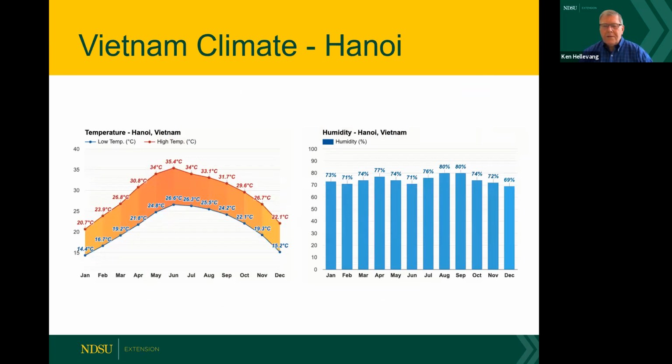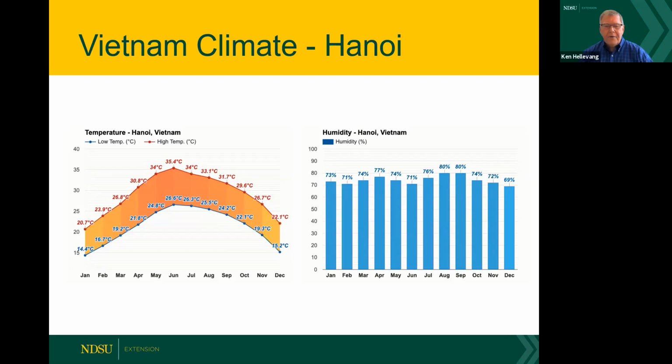This is what was listed for the climate at Hanoi. I'm going to focus first over on the right side of the slide, looking at the humidity. Again, we're in the 70 to 80% relative humidity range, which again is going to be very important to us.